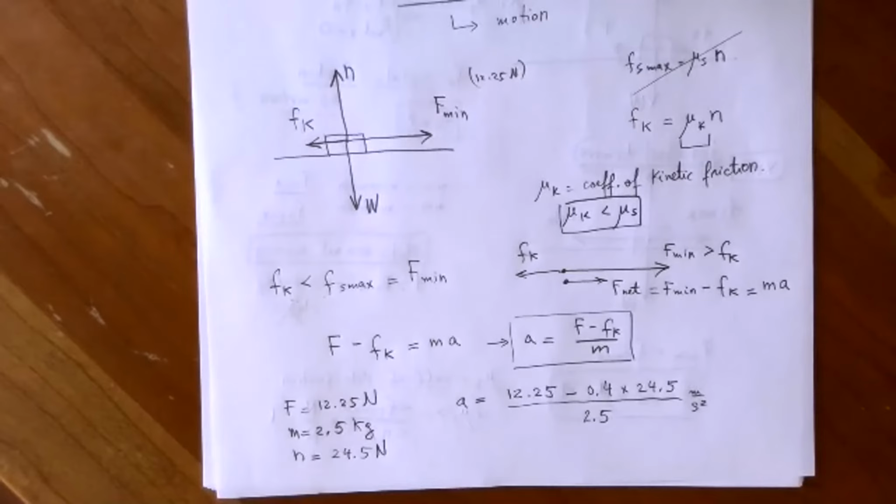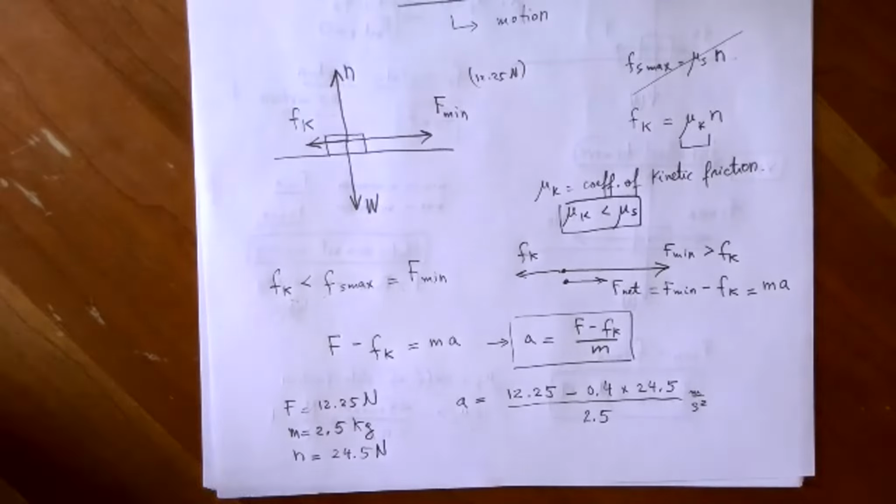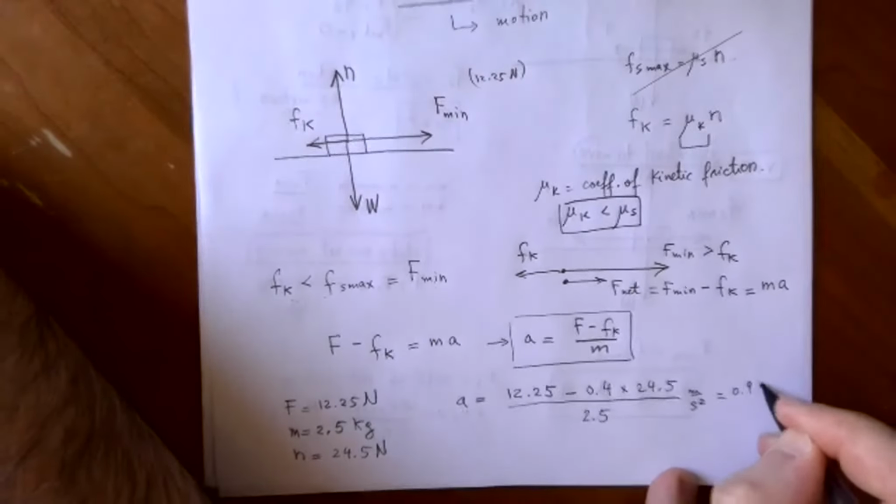So 12.25 minus 0.4 times 24.5, divided by 2.5. This will give us an acceleration of 0.98 meters per second squared.